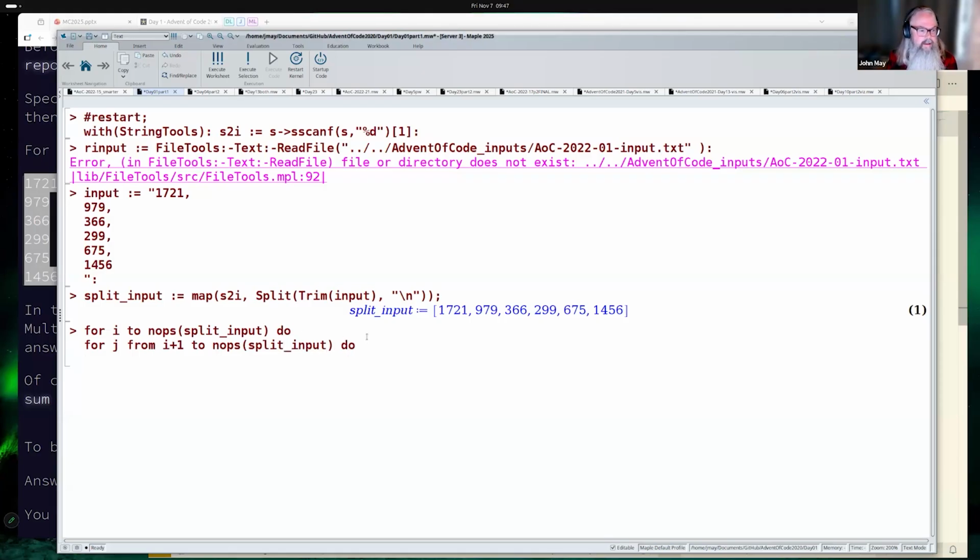So I'm going to check if split input, I should have used a shorter thing, I plus the input j equals 2020.